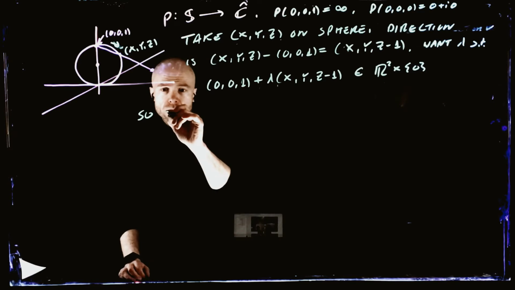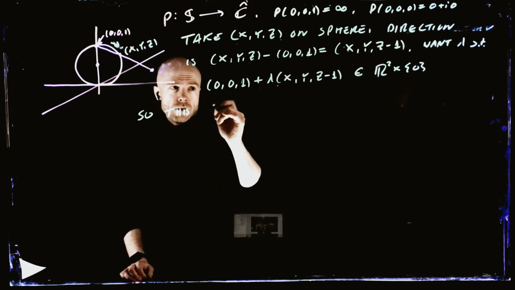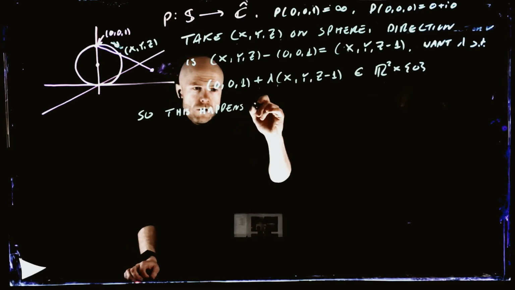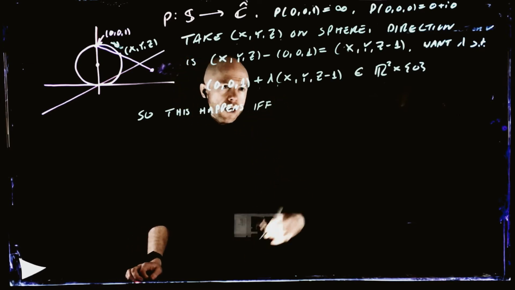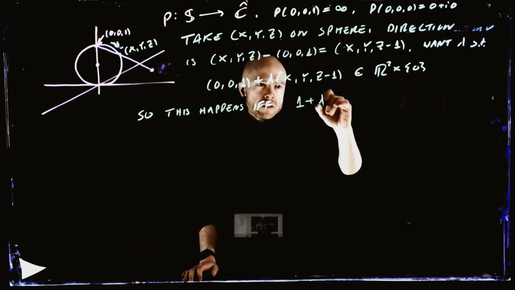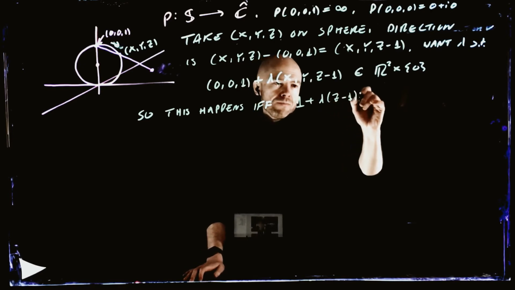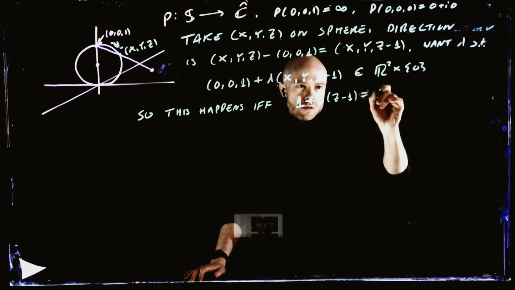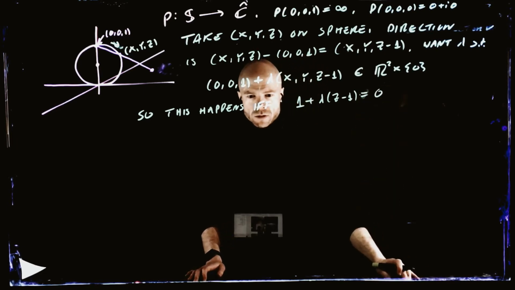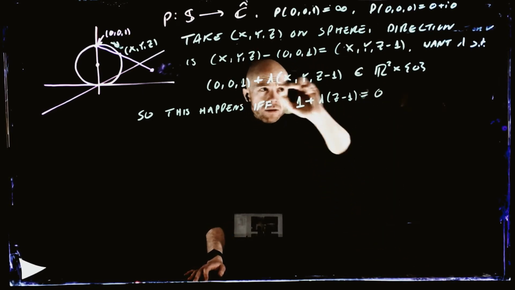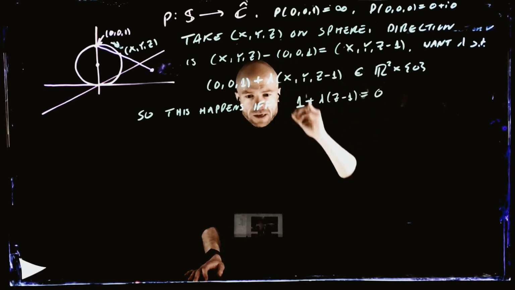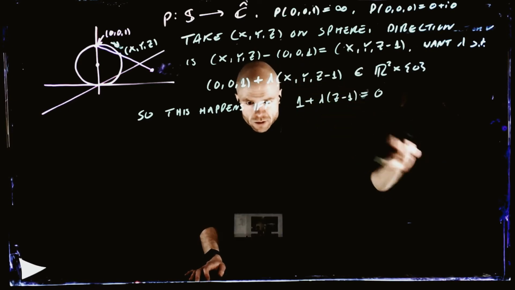This happens if and only if 1 plus lambda (z minus 1) is equal to 0. That lambda is the exact lambda for which we cross through the complex plane.